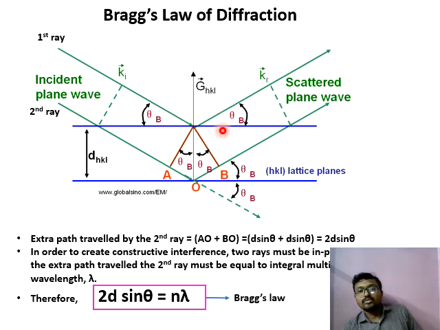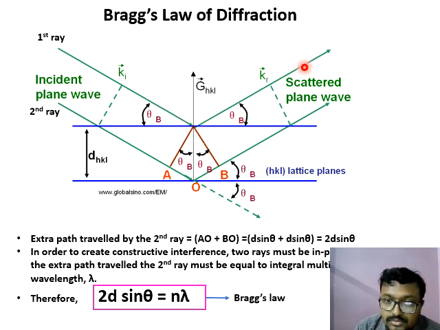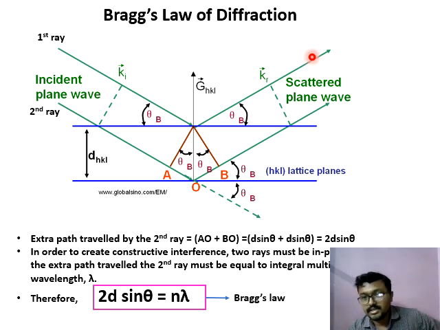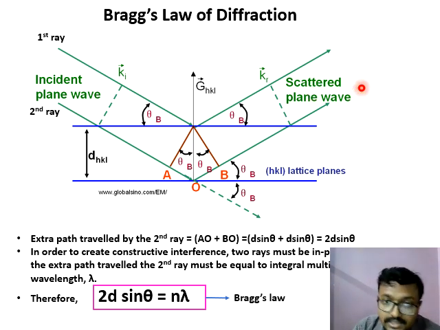Now these two rays are going to the detector. The detector can detect these two rays if the two radiations are in the same phase. Only then can the detector detect the scattered X-ray radiation.